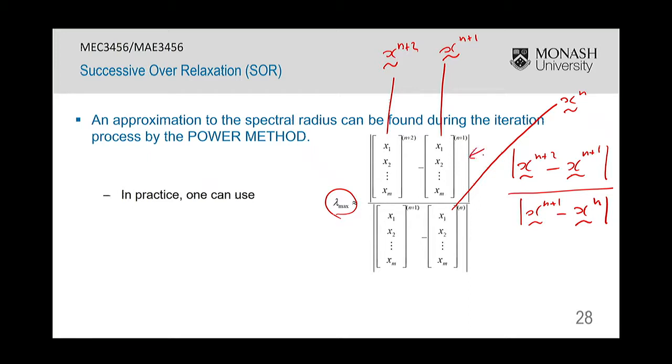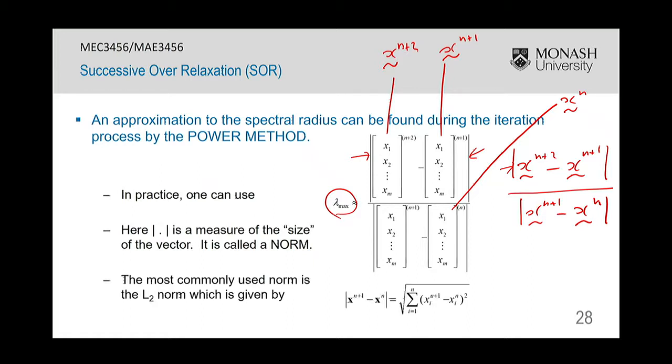These straight lines here are a measure of the size of the vector, and it's called a norm, and there's a whole bunch of different norms that you can have. Typically, the most commonly used norm is known as the L2 norm, which is the Euclidean vector norm.